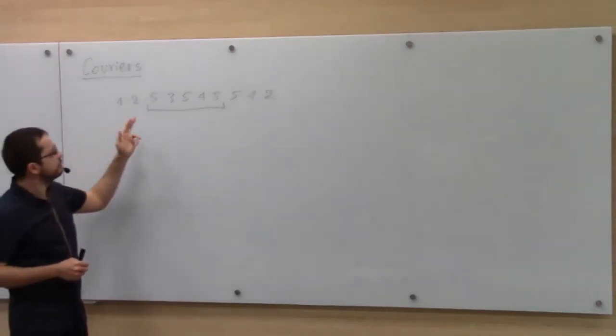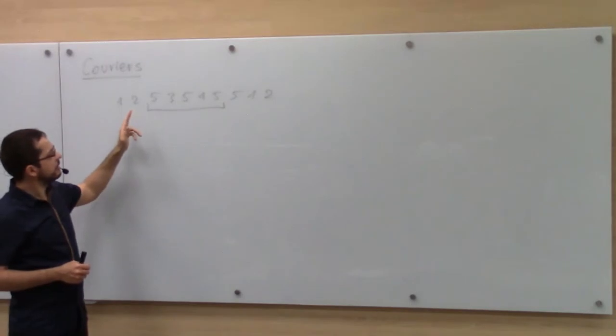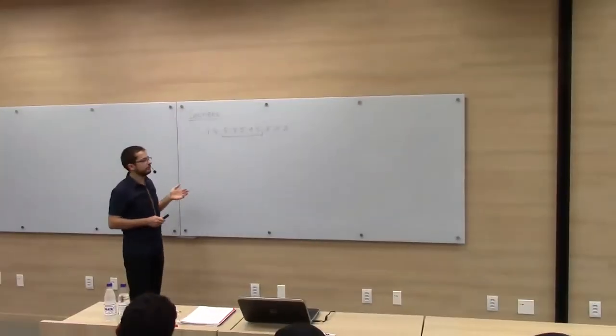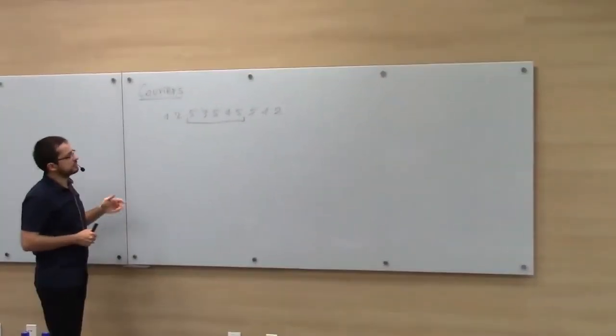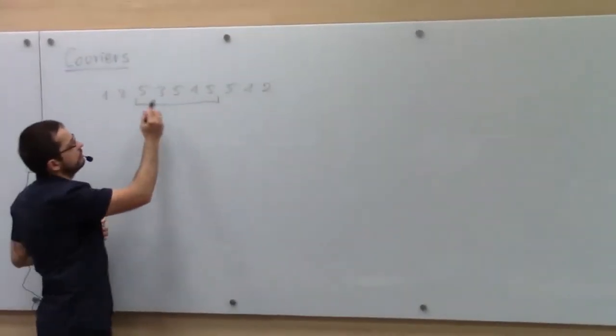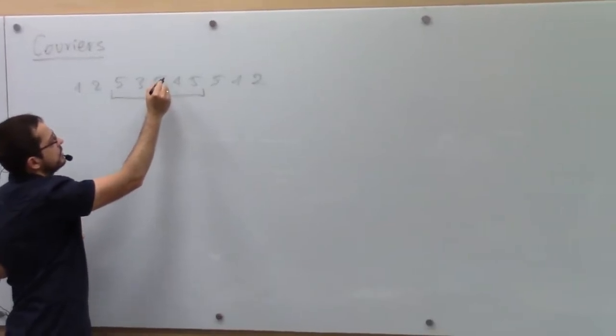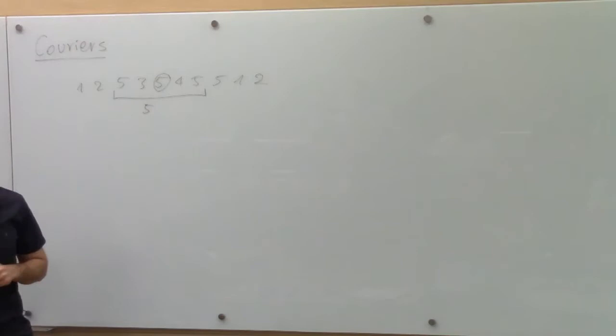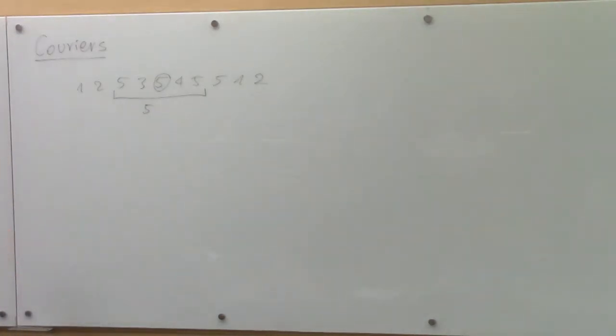So if we have a segment of length 5, we need at least 3 occurrences of some number. Here the number 5 occurs more than half, so number 5 will be the answer to this segment. If there's no such number, you just answer 0.